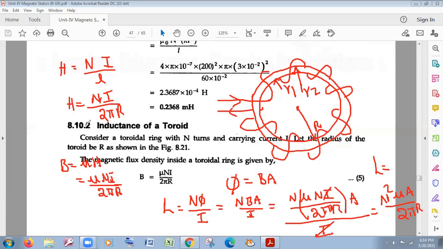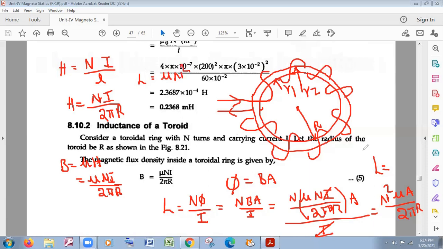If we take N number of turns, and H as the height of the toroid, L becomes mu N square.